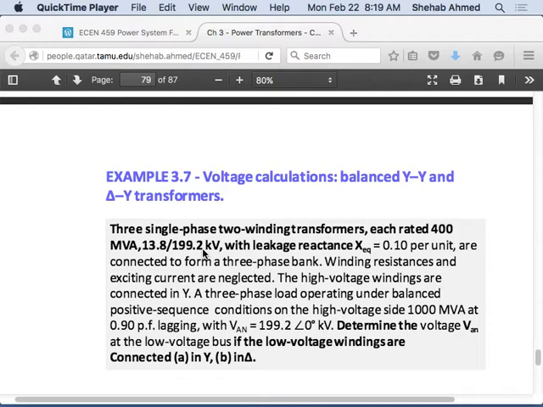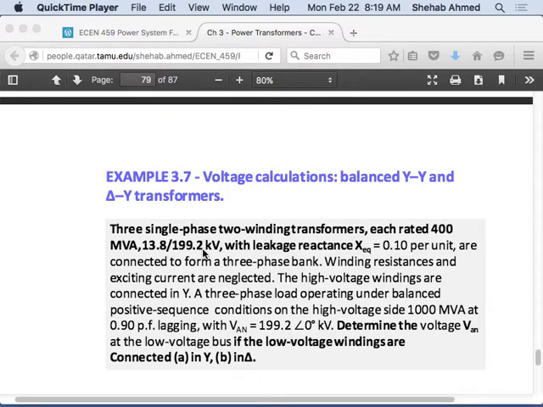Remember we said always choose the ratio of the bases to be equal to the ratio of the terminal voltages. The terminal voltages are the line voltages, right? So for a star connected, the terminal voltage will be the phase voltage multiplied by square root of 3. For a delta, the terminal voltage would be the same as the phase voltage, right? For the delta connected side, right?